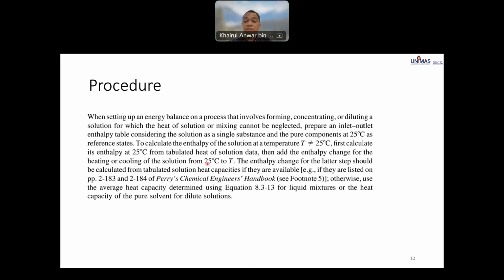The enthalpy change for the latter step should be calculated from tabulated solution heat capacity if they are available. If it's not available, you can refer to Perry's Chemical Engineers' Handbook, volume 2. Otherwise, use the average heat capacity determined from equation 8.3-13 for the heat capacity of the pure solvent for dilute solution.